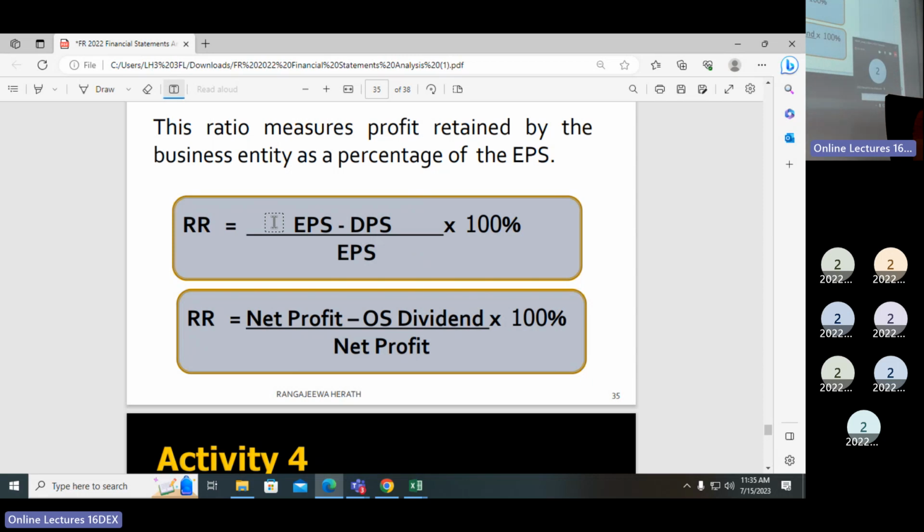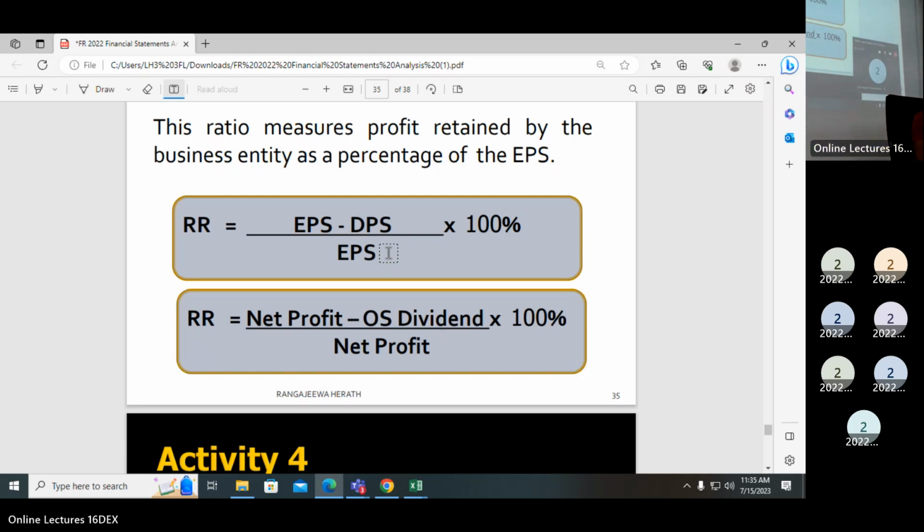But normally, since we calculate earning per share and dividend per share, you can calculate earning per share minus dividend per share divided by earning per share as retention. Dividend payout is the dividend per share divided by earning per share.